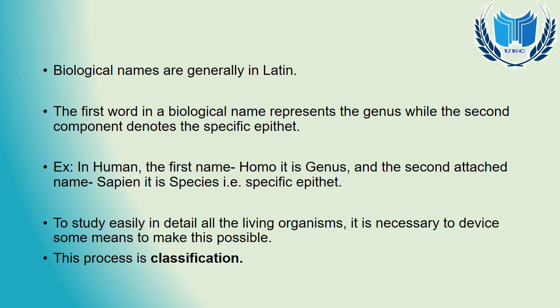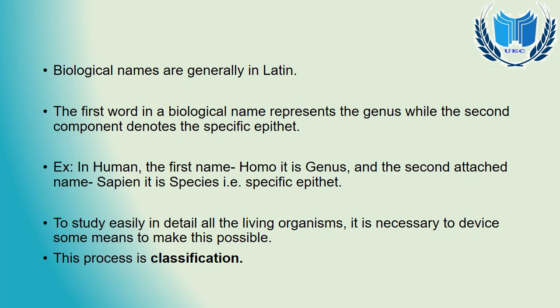Now to study in more detail all the living organisms, if you want to study in too much detail, it was necessary to develop a system wherein we can classify all organisms in different categories.